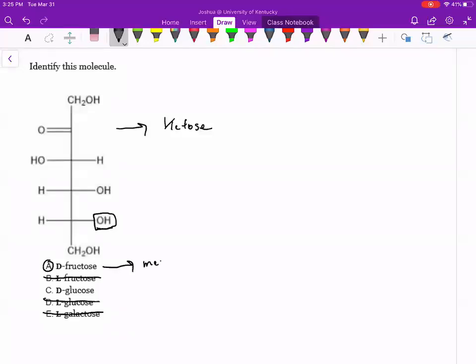You had to memorize this for old exams, but don't memorize it for Spring 2020.